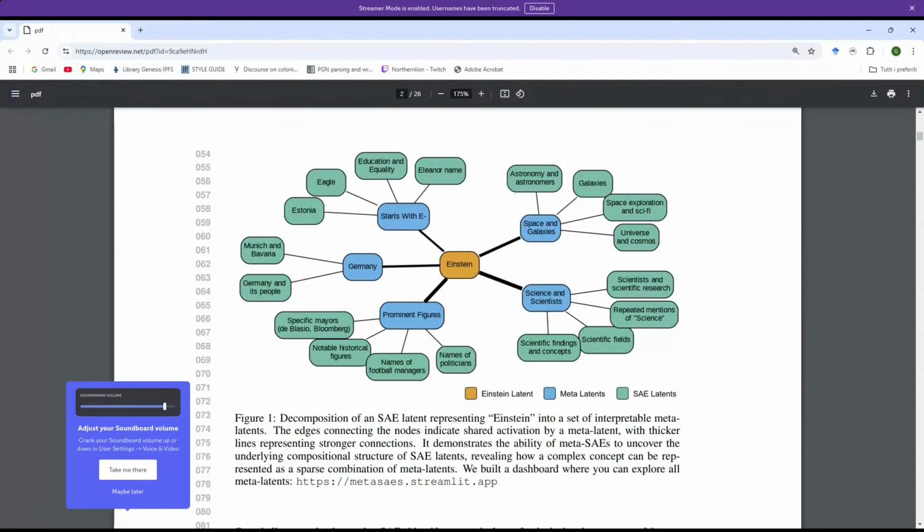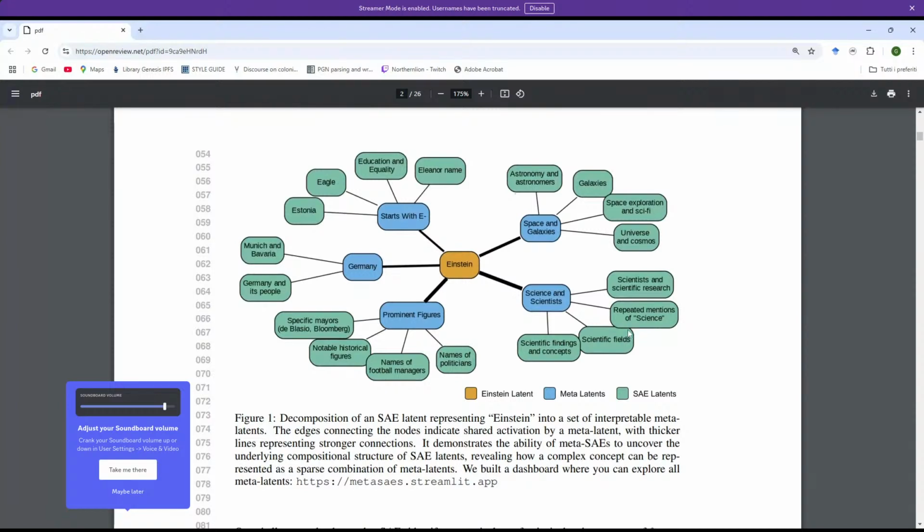They start by discussing this concept of meta latents, which I think is a very interesting concept, where, for instance, they find this latent that represents Einstein, and they train a meta SAE that tries to reconstruct the decoded directions of the present SAE, and they train it to have a low average number of latents that are active, meta latents that are active.